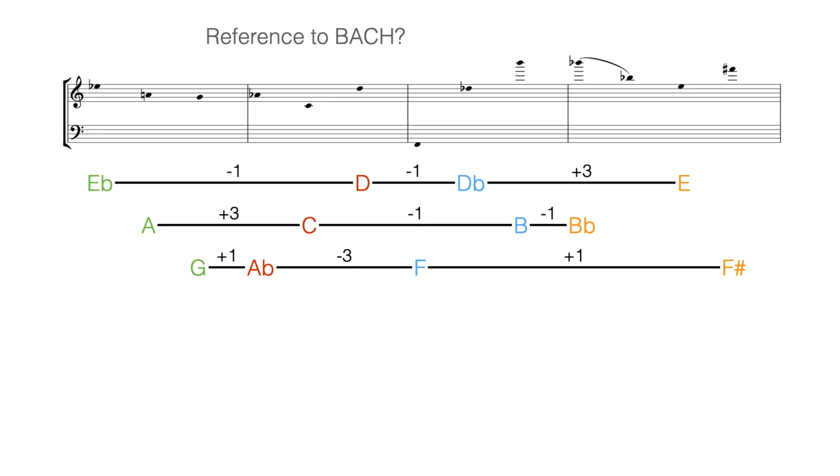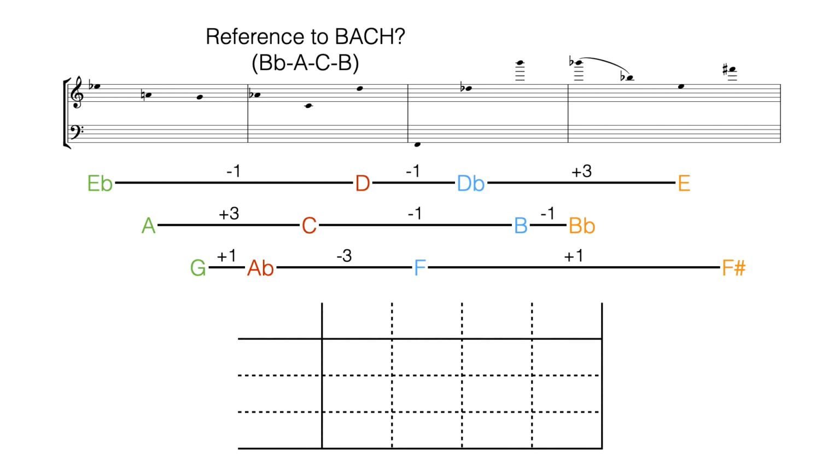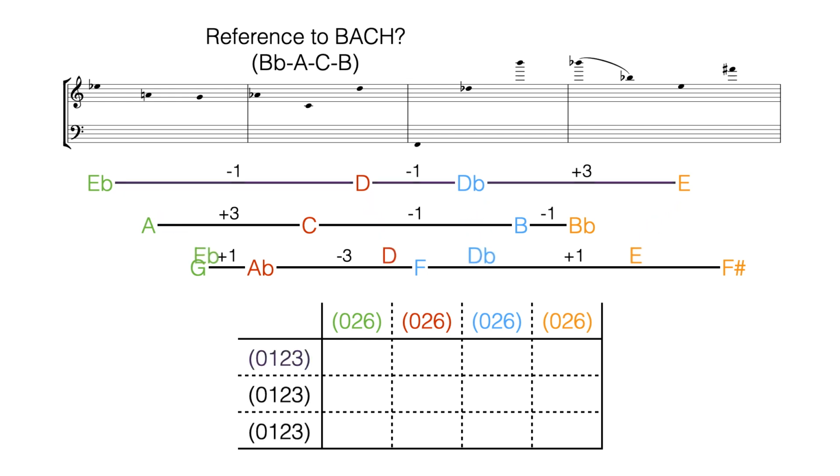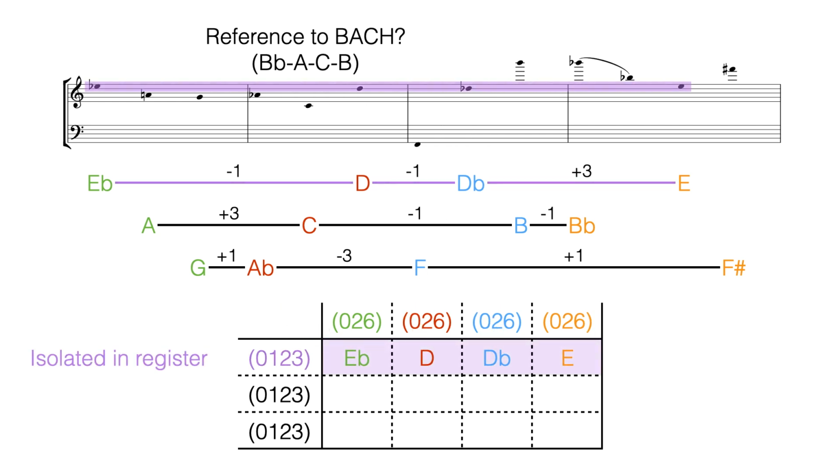Is there any hint of Bach's musical signature, the notes B flat A, C, B, in this network of 026? One can imagine the 026 network as an array, with set class 026 in the columns and set class 0123 in the rows. One of the rows of the array, E flat D, D flat E, is isolated in register.